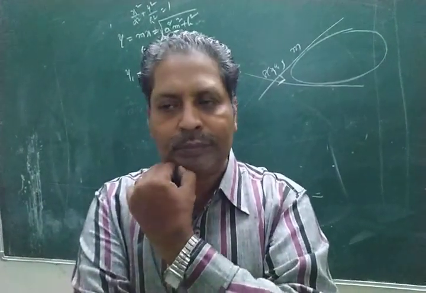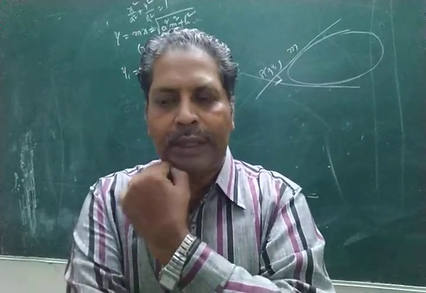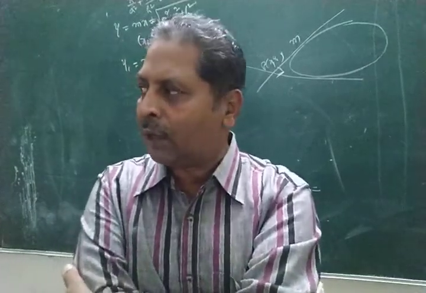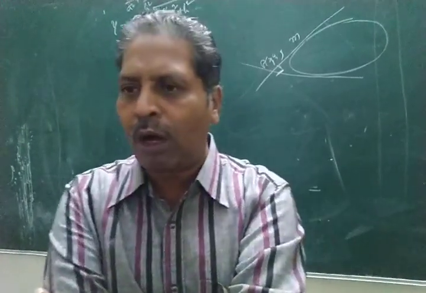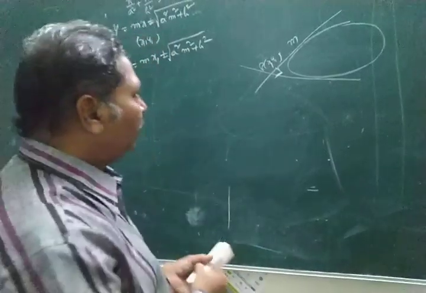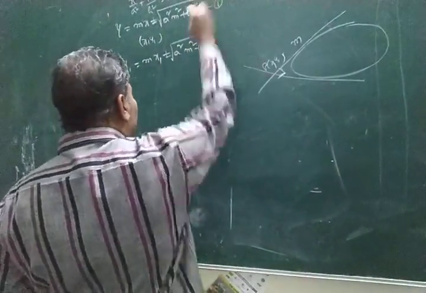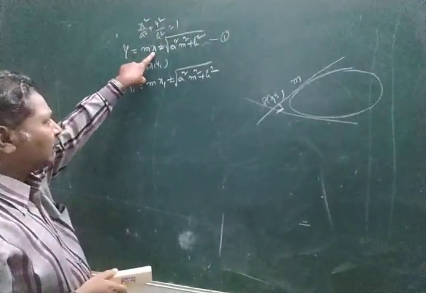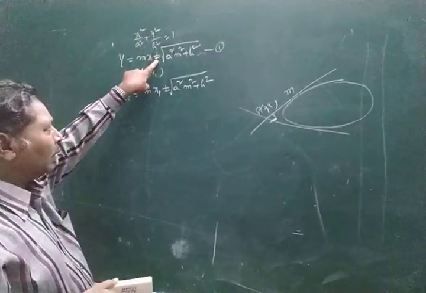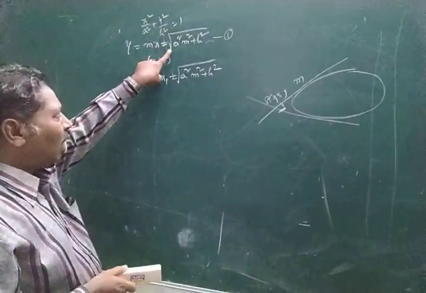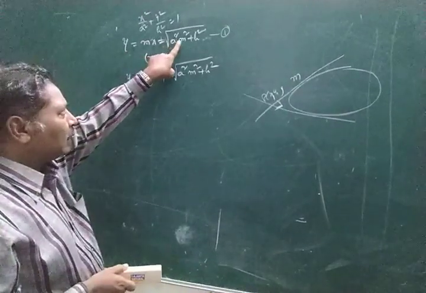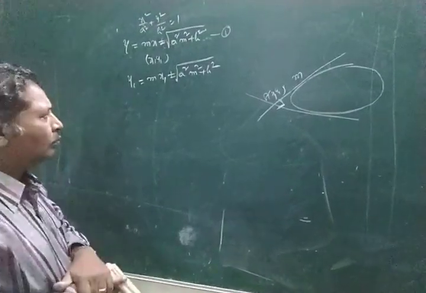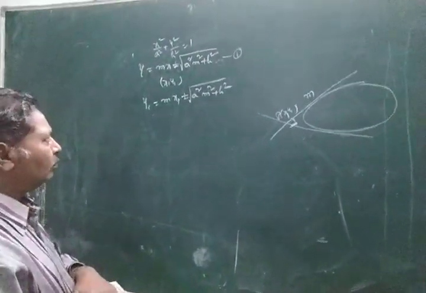Therefore, the equation of the tangent in the slope form is y equal to mx plus or minus under root a square m square plus b square.